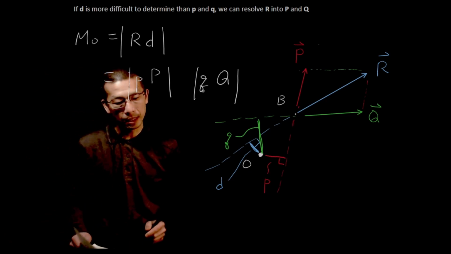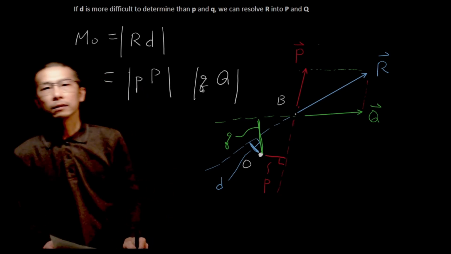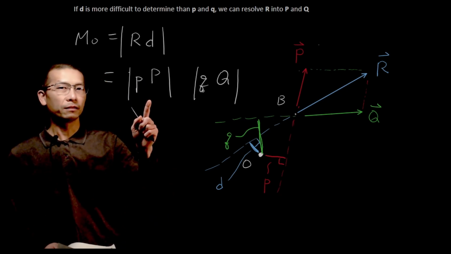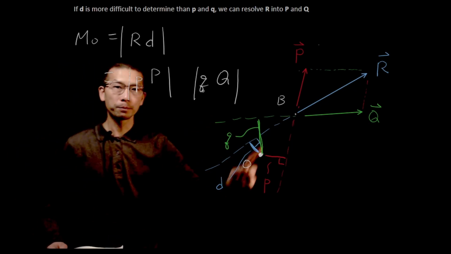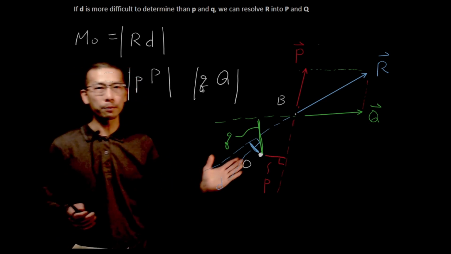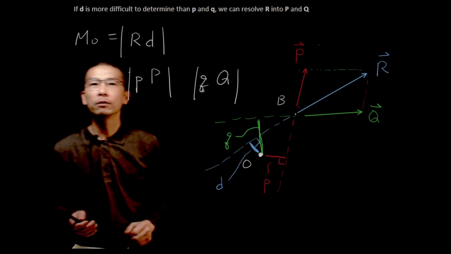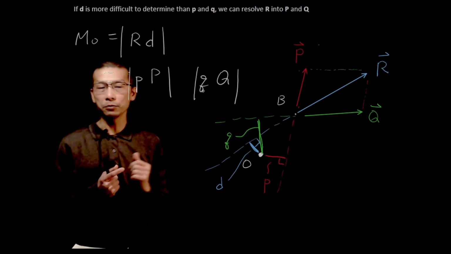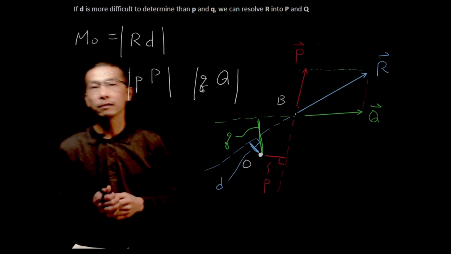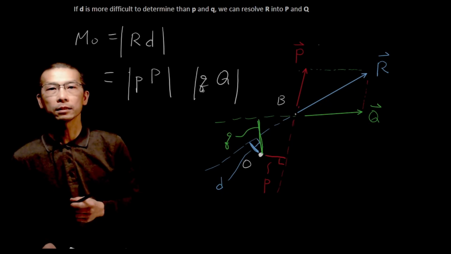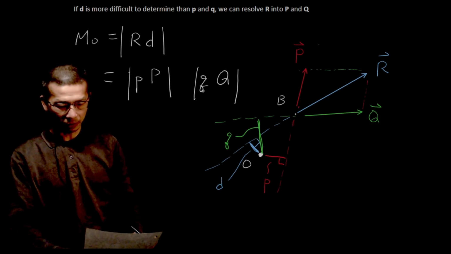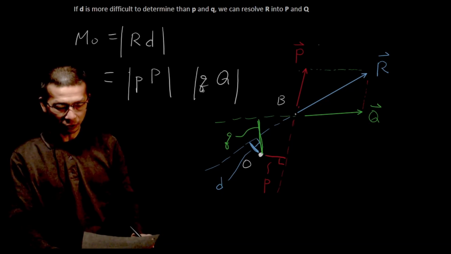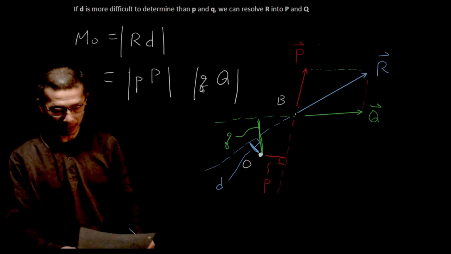Now, is P positive? Is this moment here positive or negative? If we look at P and wrap around point O, do it yourself, you will find it's negative. Okay, so in this case, I say into the page is positive. Aha, that's why I got confused.